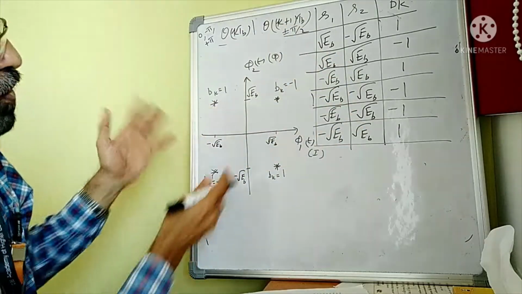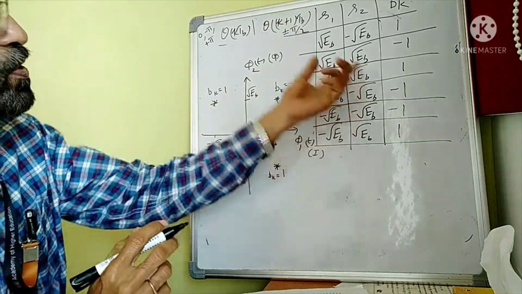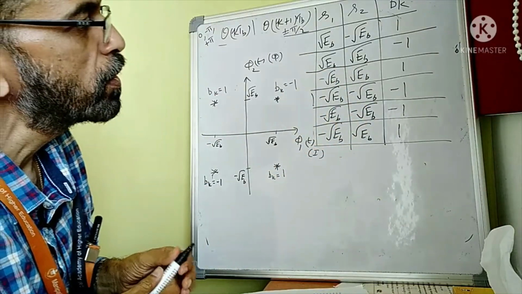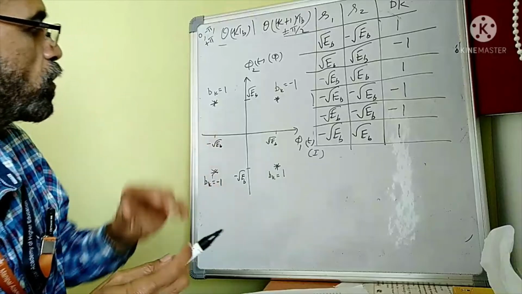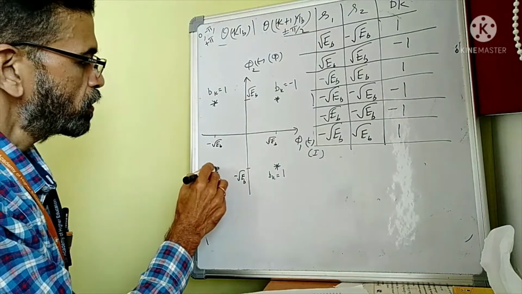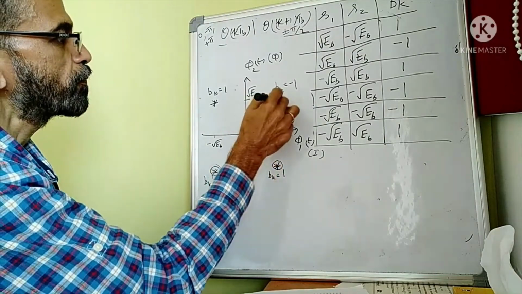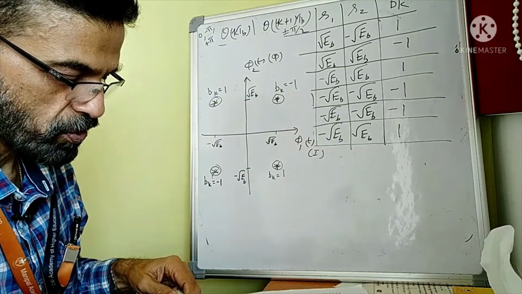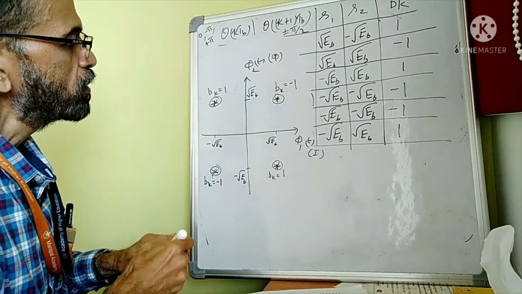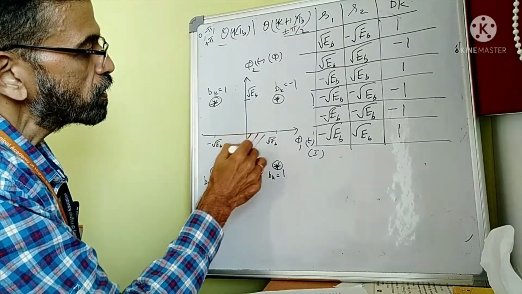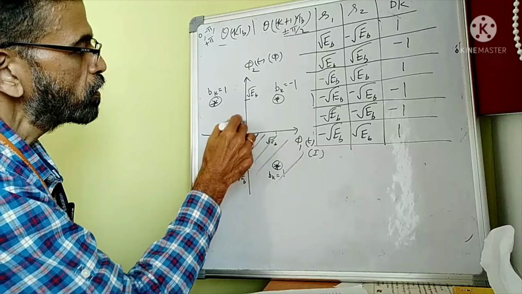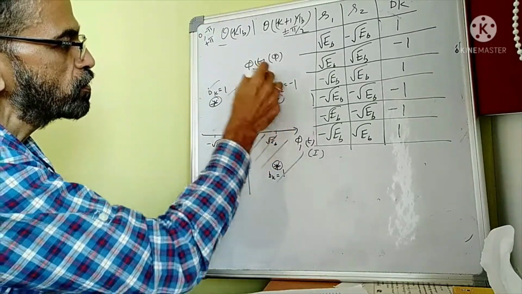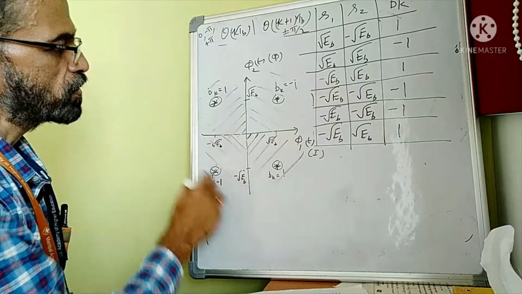Rest of it is the same in the sense the combination is the same. So different phase combinations end up giving the same bit. Anyhow, so this is the signal space diagram and the constellation. Now if you speak in terms of decision regions, you see that this region belongs to bit 1 and this region belongs to bit minus 1.